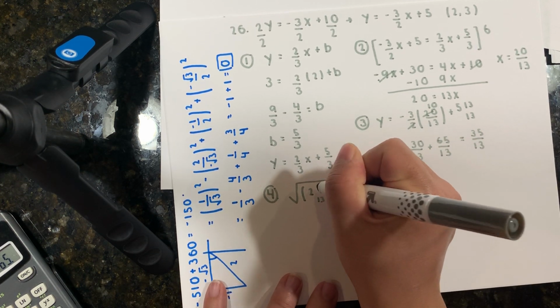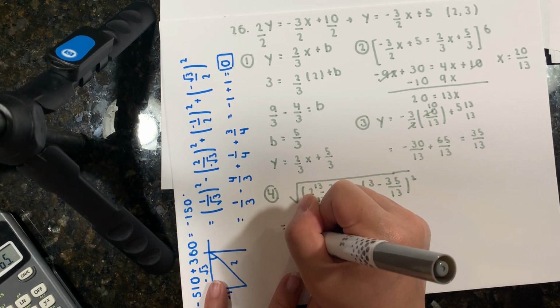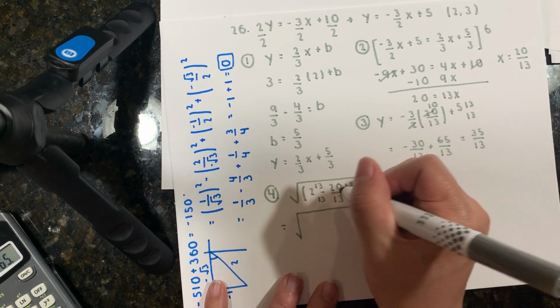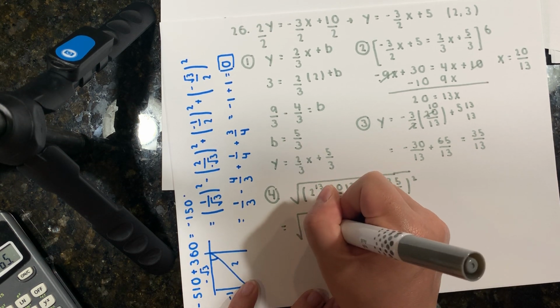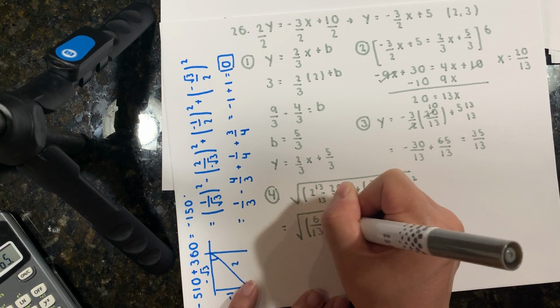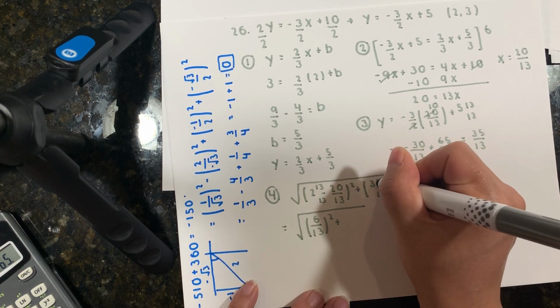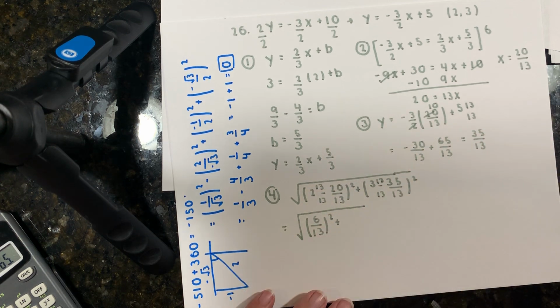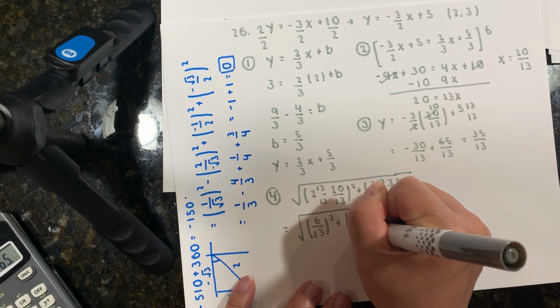Make a common denominator. So that would be 26 minus 20 would be 6/13, plus 39 minus 35 would be 4/13.